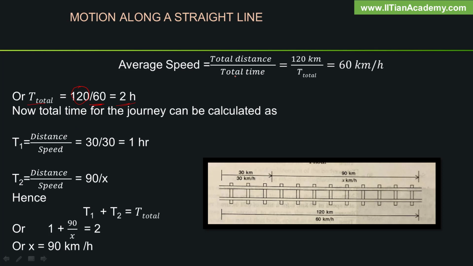Now, time for the first part is 1 hour, and for the second part is 90 divided by x. We have to calculate x. Hence, 1 plus 90 by x equals 2. Hence, x is 90 kilometers per hour.